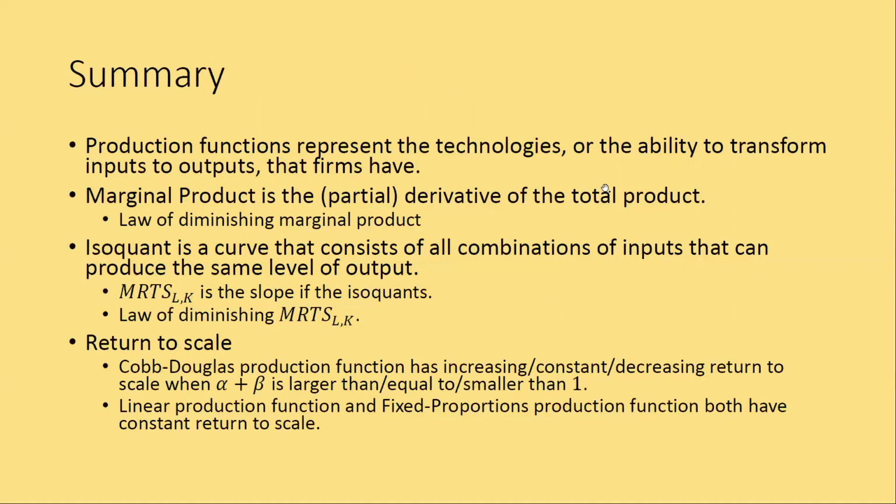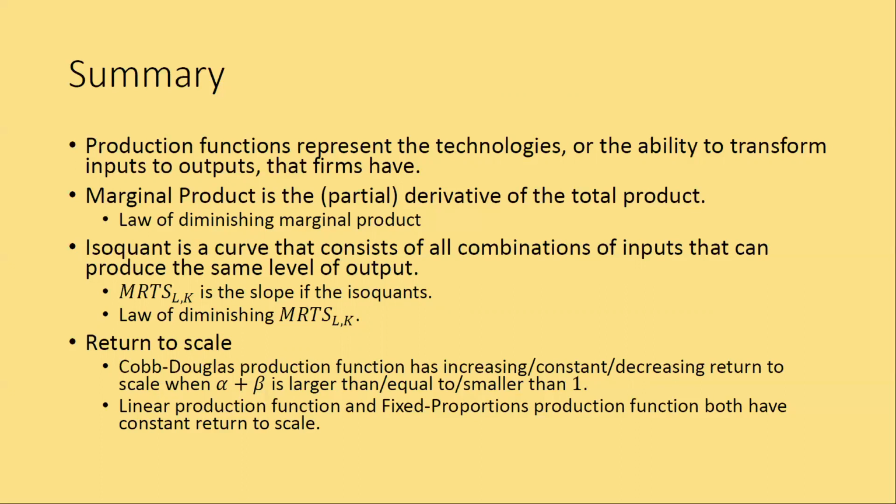Lastly, let me summarize what we did in today's lecture. We described the production process, and the technology is the ability that the firms have, or how effectively the firms can produce. We use production functions to represent technologies.